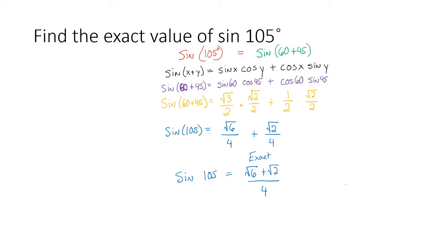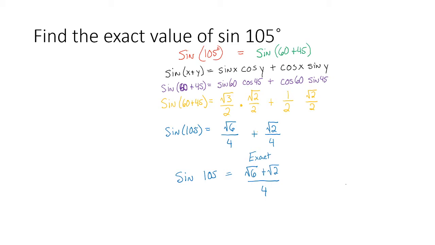There have been many times when teaching over the years that I've had students get to this point, and we go through the class, and then it's time for the homework. I get their homework back the next day and it says specifically in the instructions, give exact answers, and they give me an approximation. Anybody can go onto their calculator and type in the sine of 105.